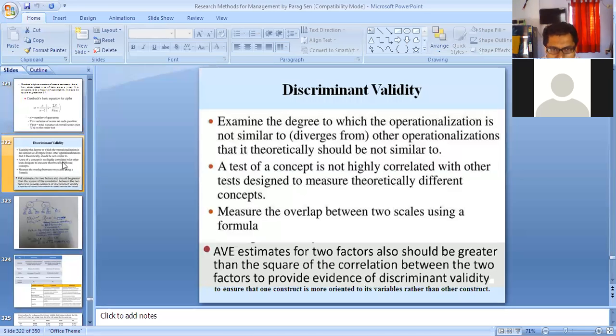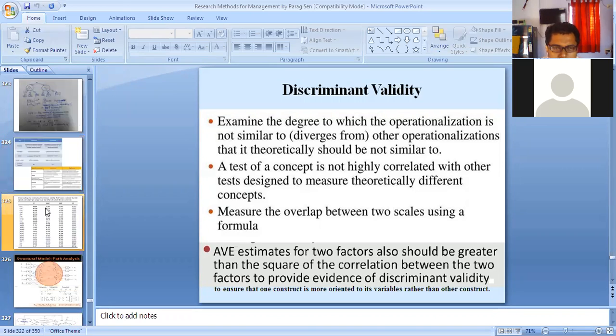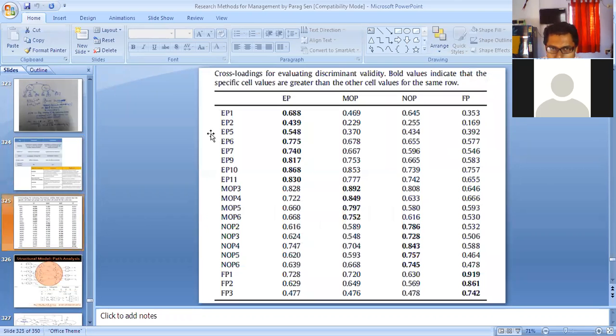Now we should go for the discriminant validity. So what is discriminant validity? I am just going to tell you one example, and the idea will be clear. Here you just see this matrix, this table. You can find this table in my paper that I showed you earlier.